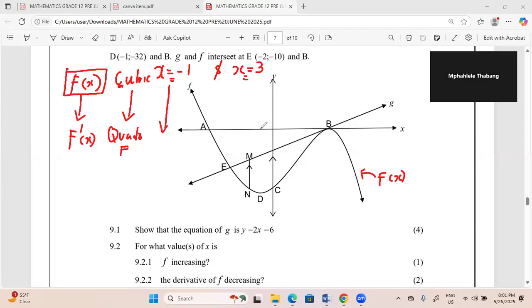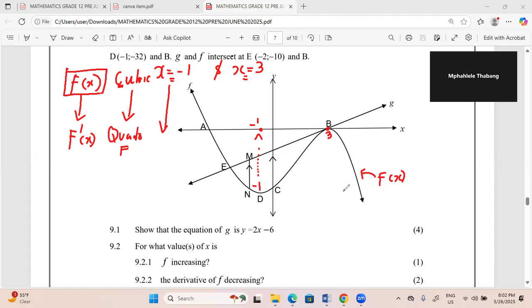So the -1 here will become an x-intercept of the quadratic function, and x equals 3, this turning point, will also become an x-intercept of the quadratic function. Remember, a quadratic function must have x-intercepts. And the intercepts of that quadratic function will be the turning points of the original cubic function.